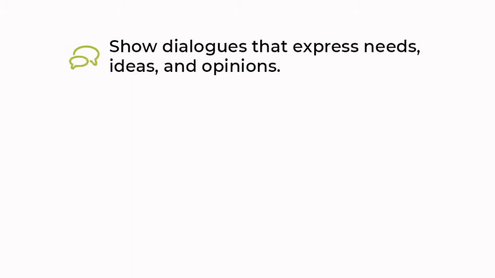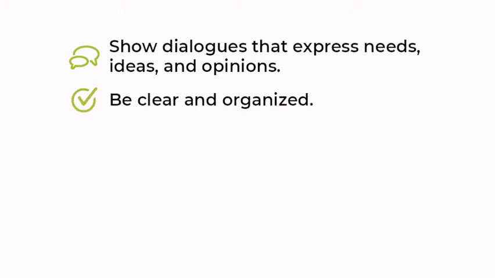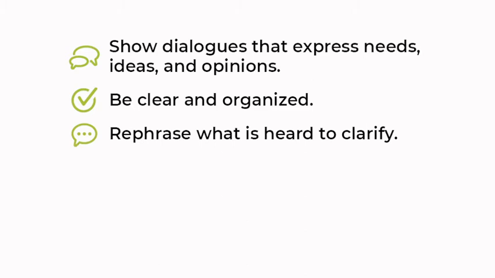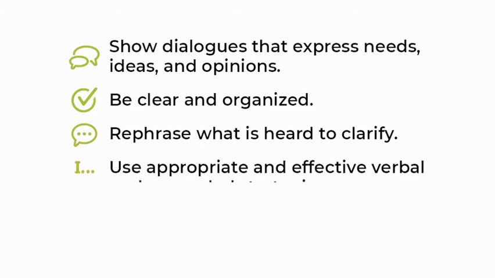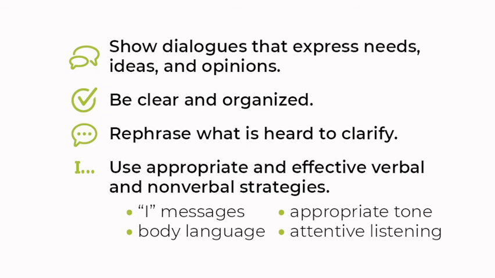You need to show dialogue between two people that express needs, wants, and opinions. You need to be clear and organized. You need to maybe rephrase what's heard to clarify. And you need to use appropriate and effective verbal and nonverbal strategies.